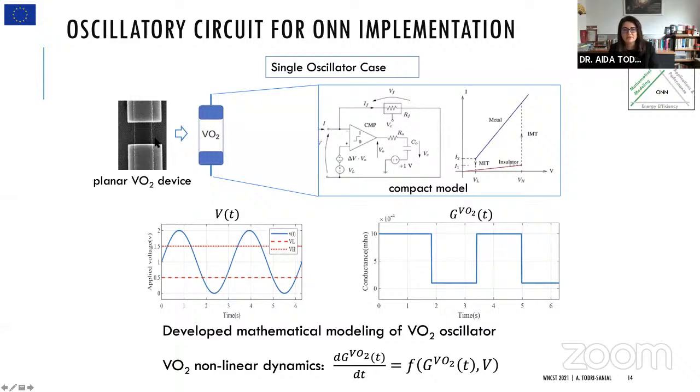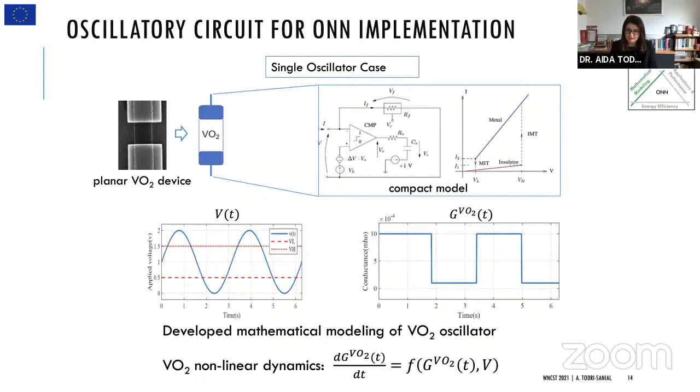So here is to kind of give you an idea. We have the planar VO2 device, which has been developed in the project, and we have a compact model to be able to represent the switching, so the phase and also the resistance switching on this device. And we also have the mathematical models in order to be able to represent the nonlinear dynamics of the VO2 device.